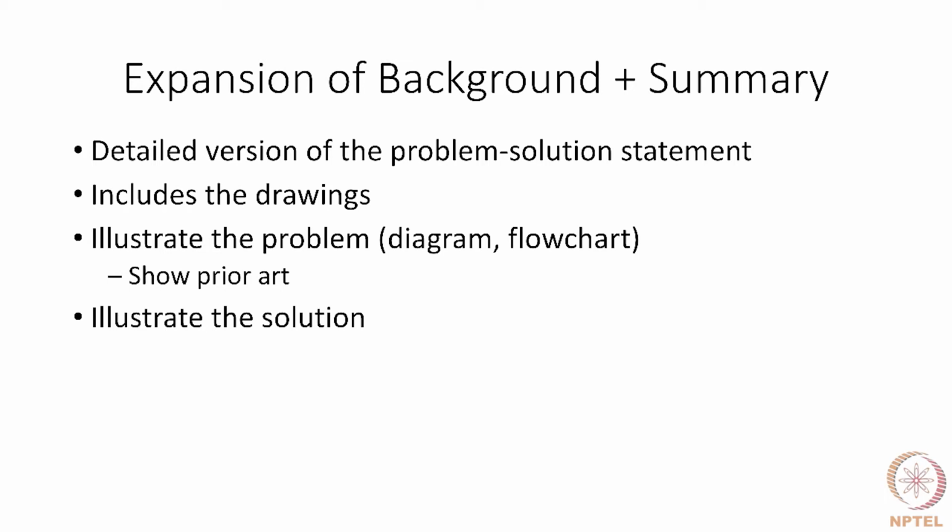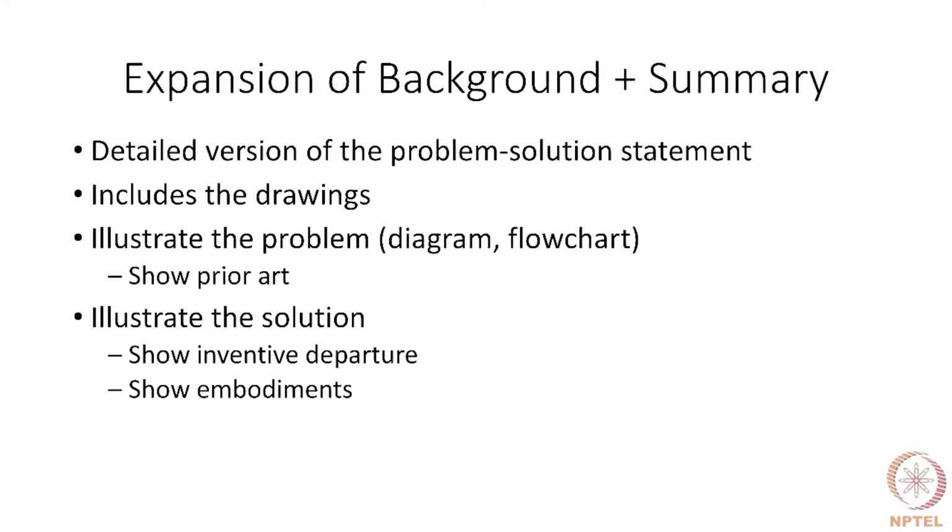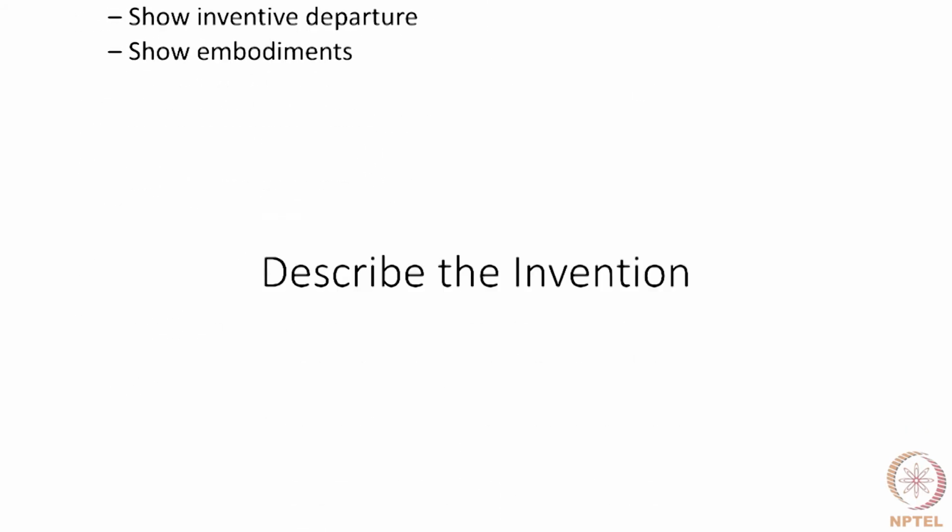You can illustrate the solution in a much clearer fashion. Now you can show the inventive departure in a detailed description. At what point did your invention go away from the normal trend? It can show the embodiments. It can list the embodiments, and that will satisfy other requirements of the Patents Act.